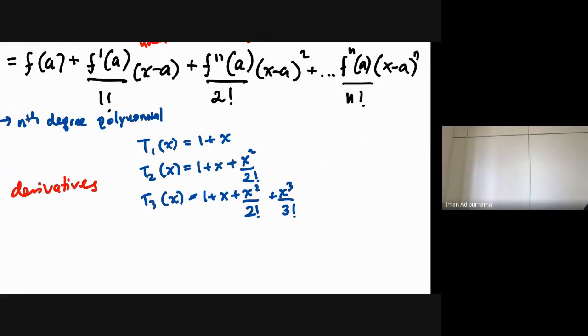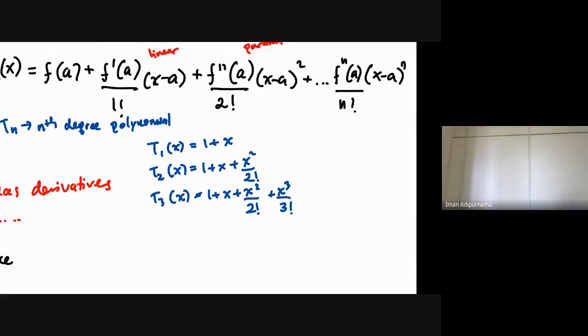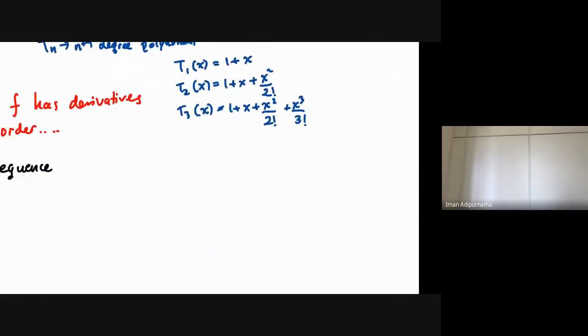But from here, if you think of the graphs, to see it clearly, you will see that this is a linear graph, this is a parabola, and this is a cubic, right? Now, let me draw the graphs for you here.